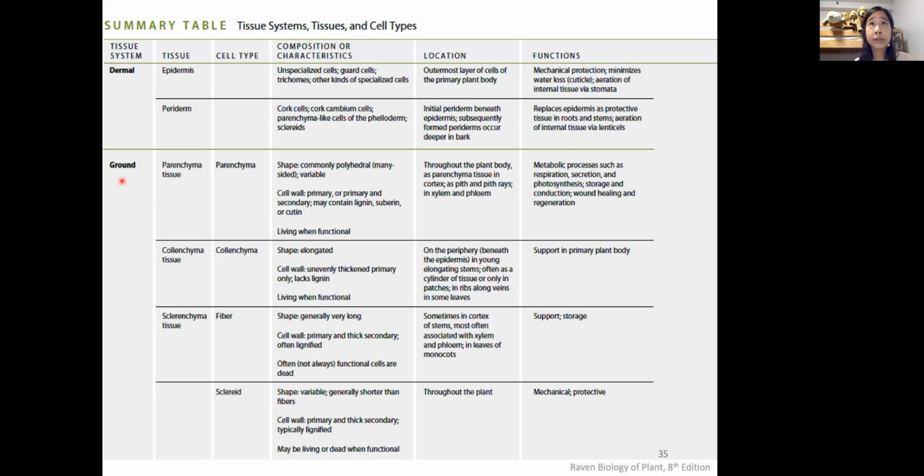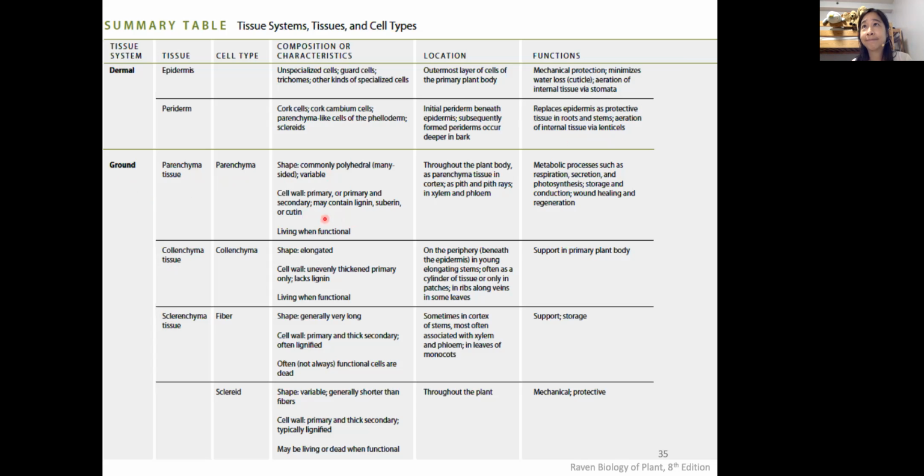For the ground tissue system, you have parenchyma, collenchyma, and sclerenchyma tissues. For parenchyma tissues, the cell type, of course, is parenchyma. The shape is commonly polyhedral, many facets, and it contains only the primary cell wall.